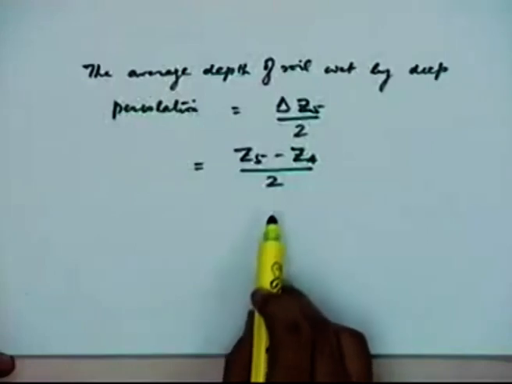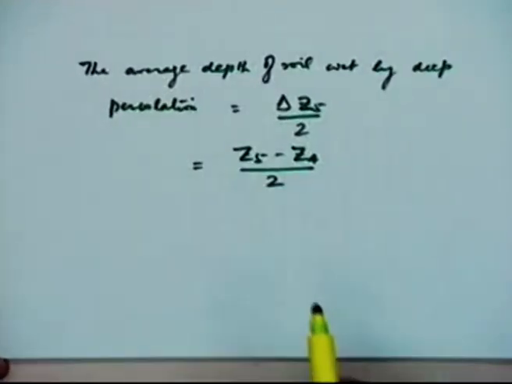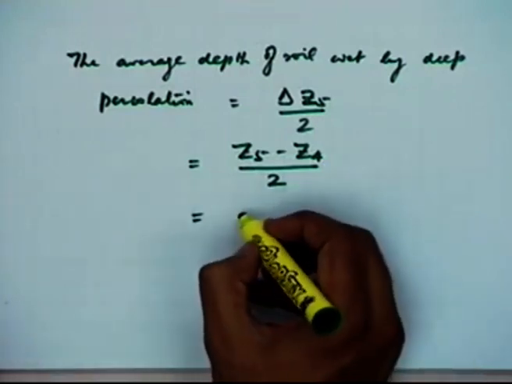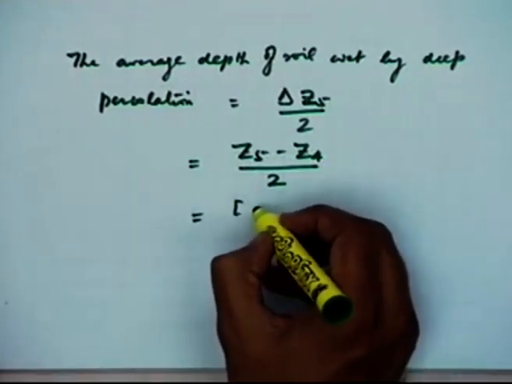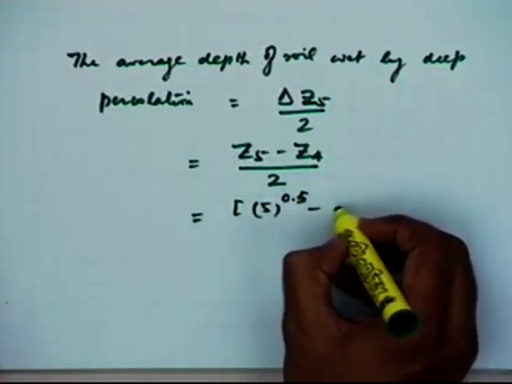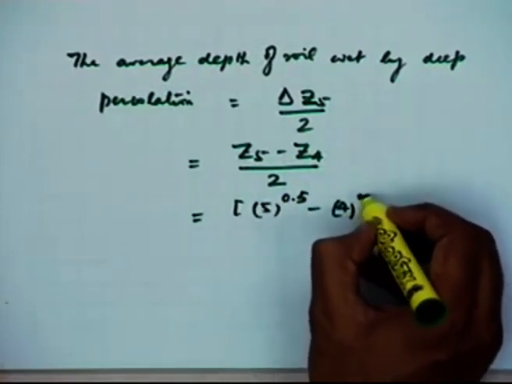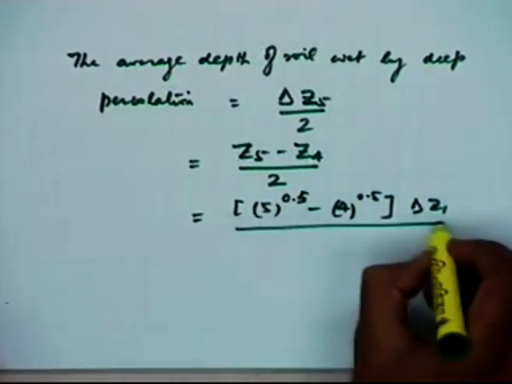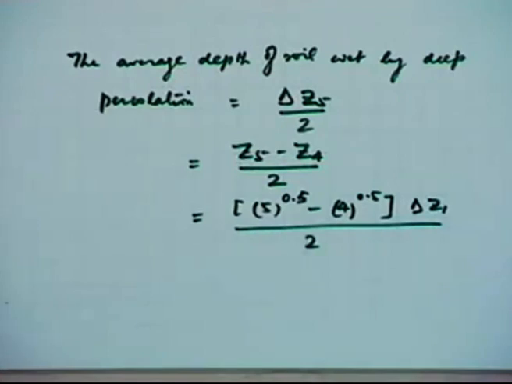So you can use it either way. This is Z5 minus Z4, that is what is delta Z5 by 2, that is also you can write. So this in fact is nothing but, you can write as this in the general form, minus 4 to the power 0.5 into delta Z1 by 2.